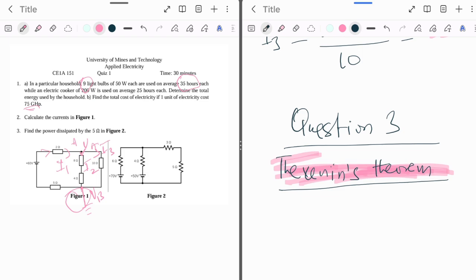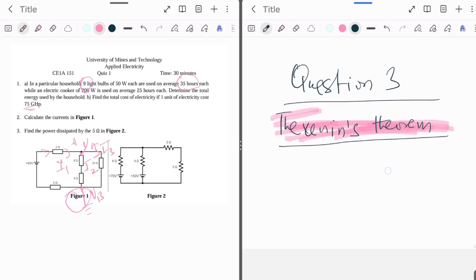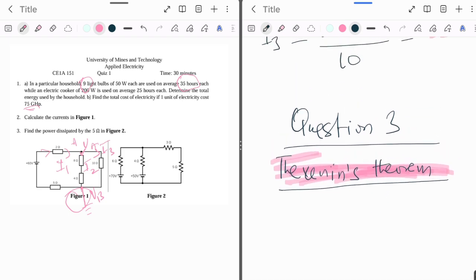Now, using Thevenin's theorem, we have to state the theorem or try and understand what the theorem entails.